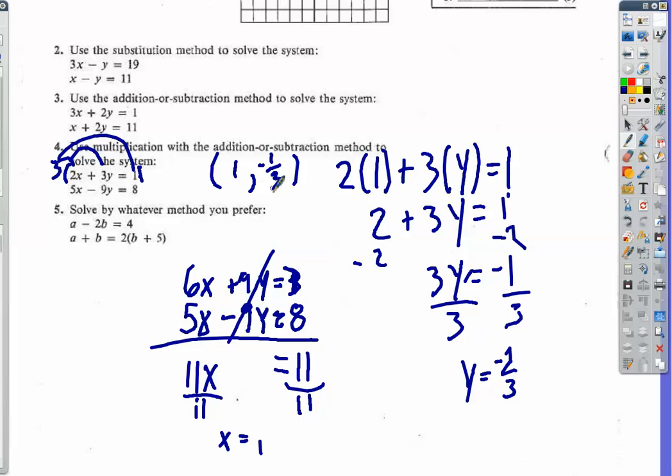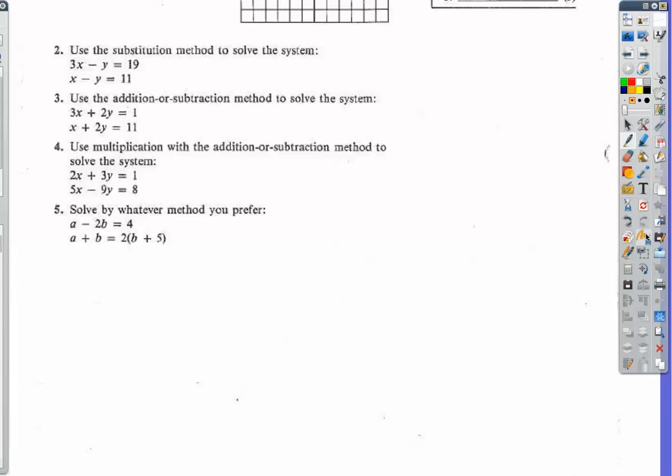All right, now we're getting somewhere. So number 5, solve any way we want. I am definitely a bigger fan of the multiplication and addition and subtraction method, so I'm going to go ahead and do that.